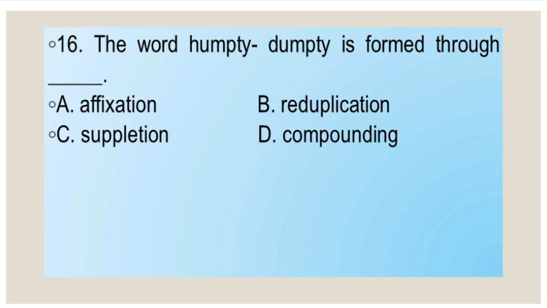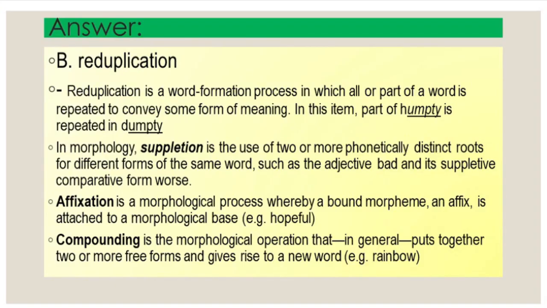The word Humpty Dumpty is formed through what? To have a better understanding of the question, let's first know what are affixation, suppletion, reduplication, and compounding. Compounding is the morphological operation that, in general, puts together two or more free forms or words and gives rise to a new word.